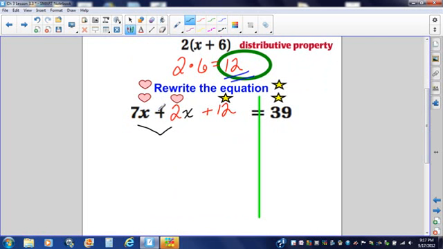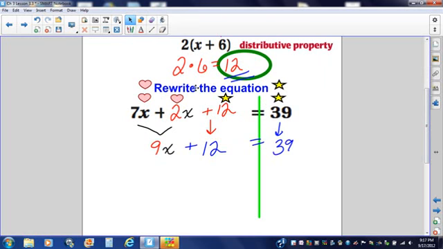So I have 7x plus 2x. Since they are on the same side of the line, I'm just going to combine 7x and 2x. 7 plus 2 gives me 9, and my piggy follows me everywhere I go. Now I'm going to rewrite the problem: 9x + 12 = 39.